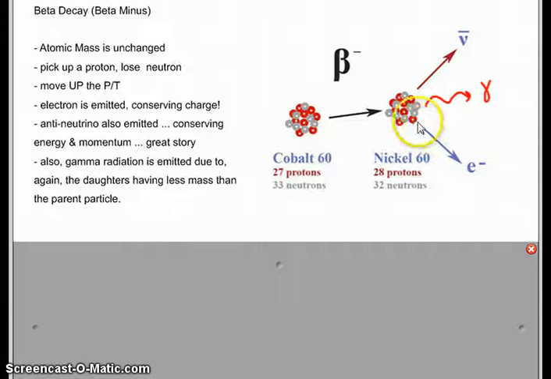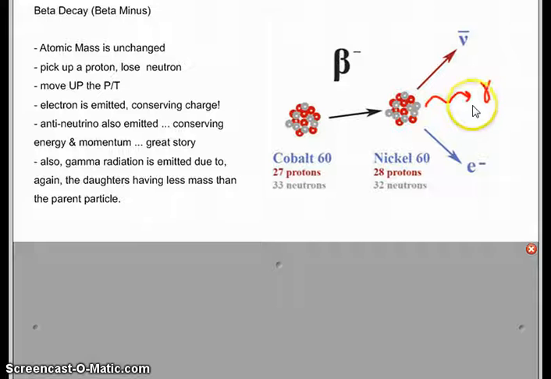So a negative particle, in this case an electron, gets shot out of the nucleus. This is not an electron from the shells of nickel. This is an electron from deep inside the nucleus that is being rejected by the nucleus and shot out at a fairly high speed. It's a very odd thing that has happened.